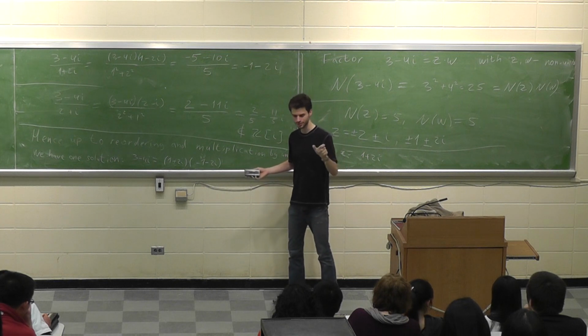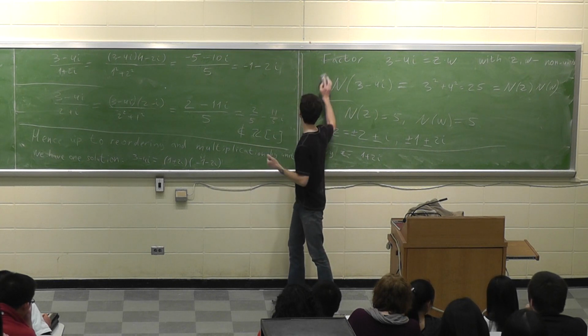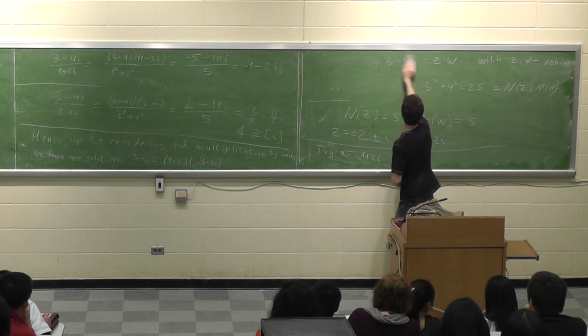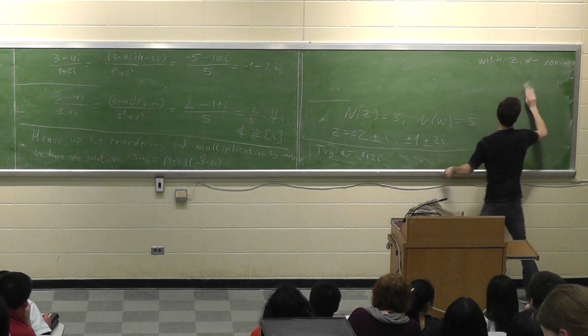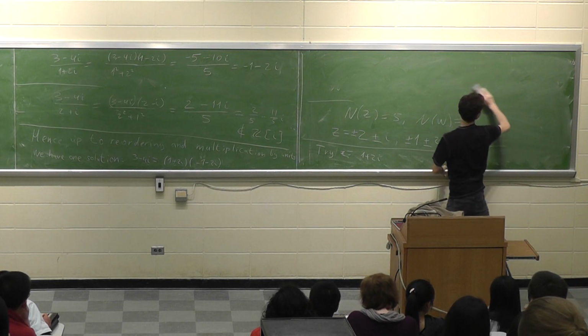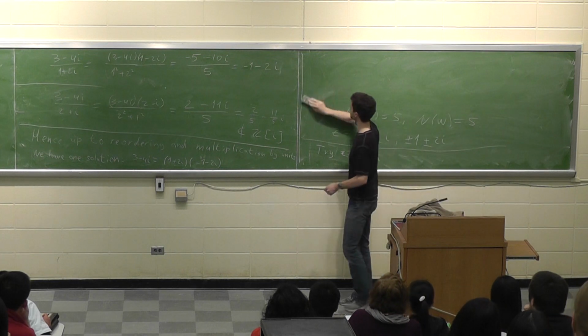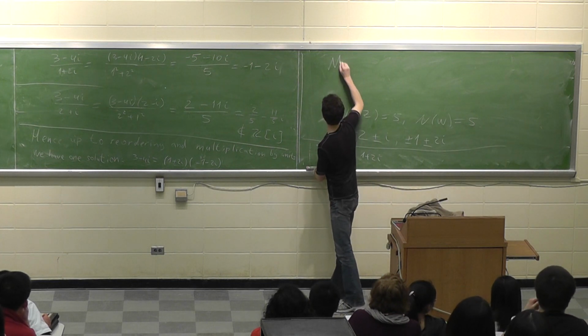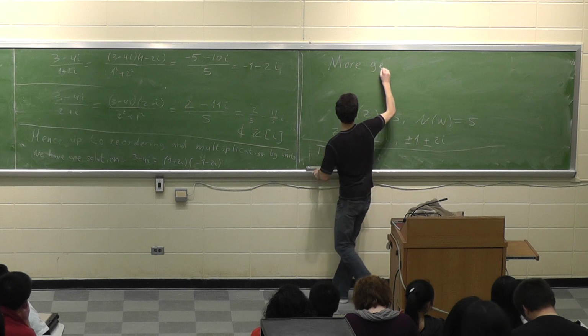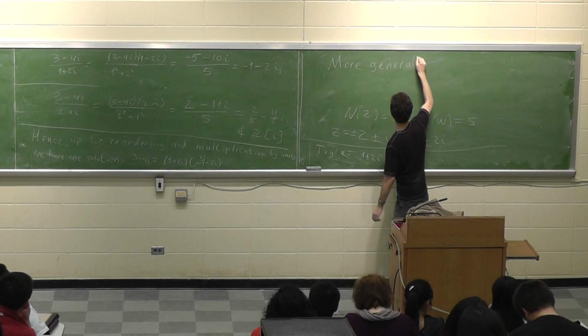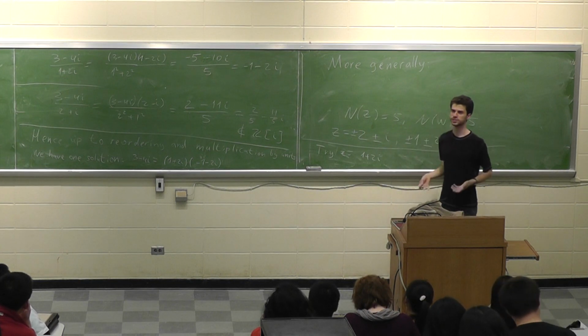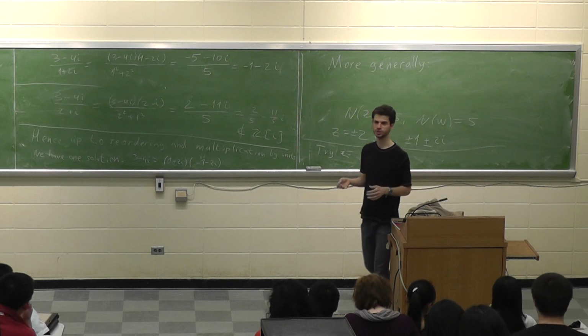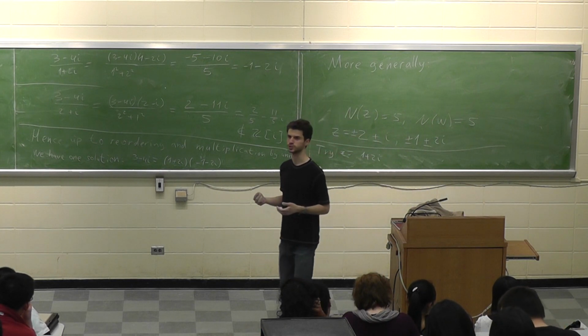So, more generally, we can always start with a Gaussian integer and do the following process.